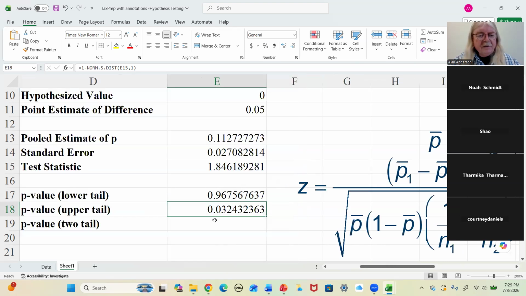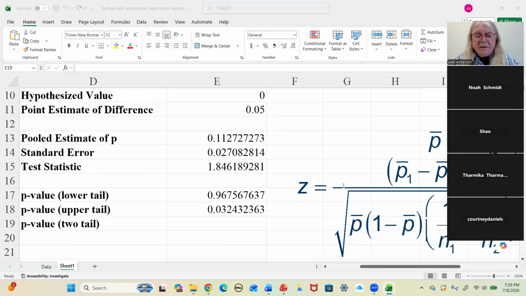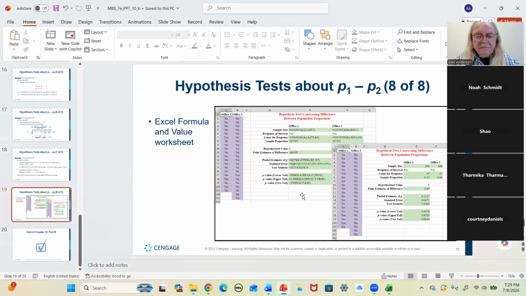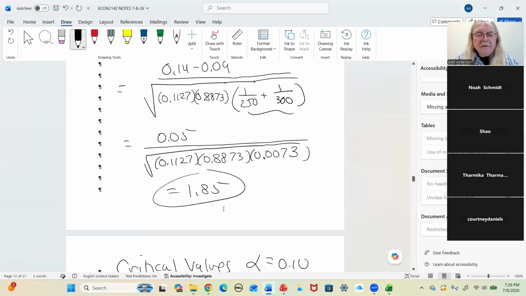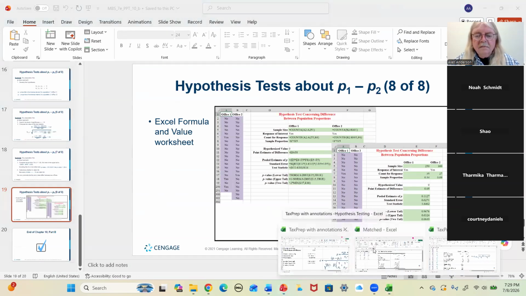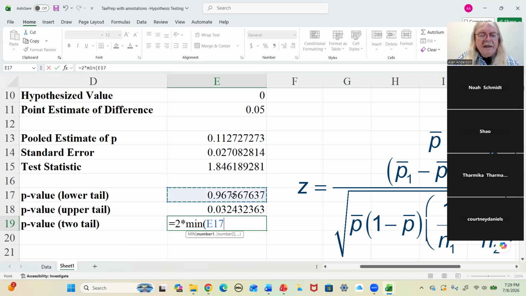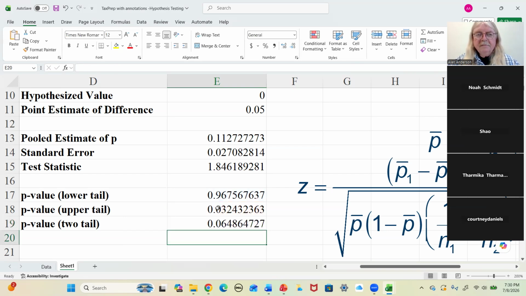And then for the p-value, they have this weird approach of their own. Remember, it's like 2 times the minimum of these two or something like that. Let me just go look. Let them have that. That works. So put 2 times min E17 comma E18. So it's the double the smaller of the two. Well, all right then.